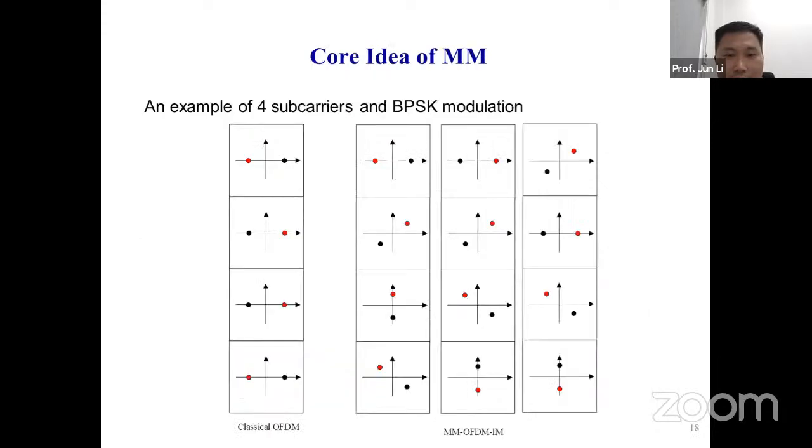So let's come back to this slide. This is the first subcarrier, right? The first subcarrier in the conventional OFDM only has the BPSK. This is the conventional BPSK constellation. But for the OFDM-IM, it has the conventional BPSK and the rotated BPSK constellation.